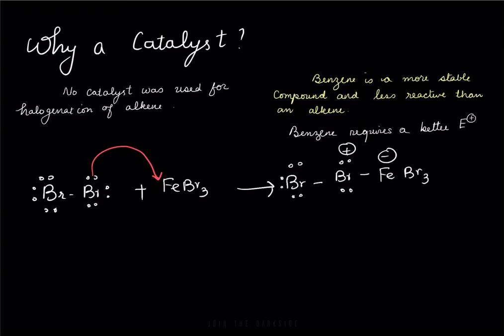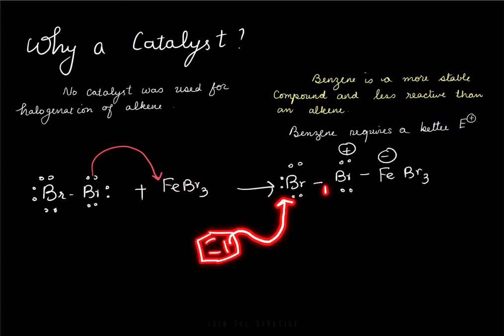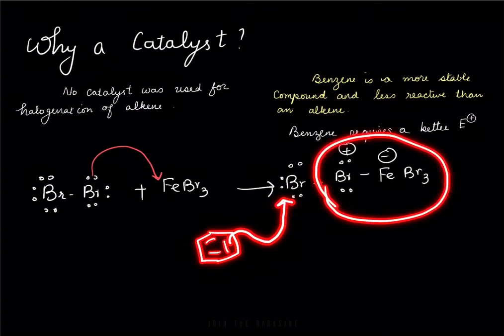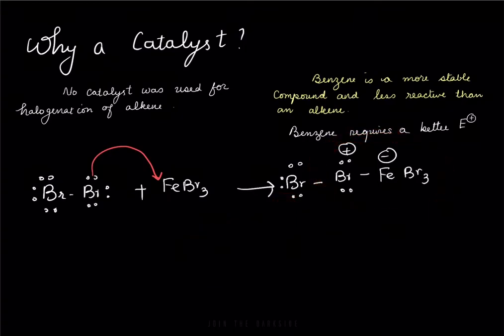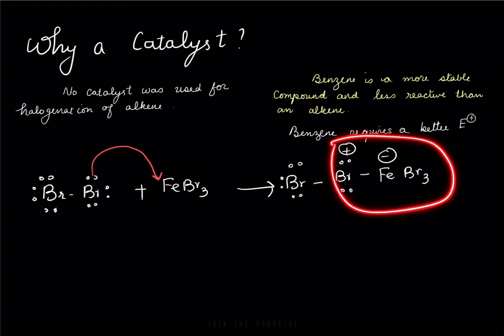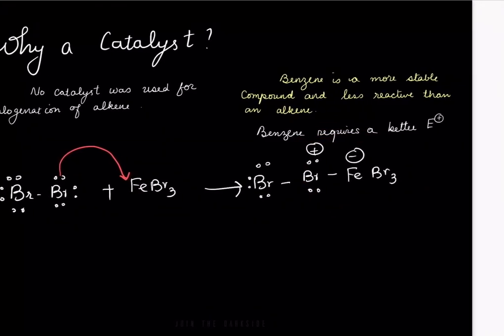Now, because bromine has used its lone pair of electrons to form a bond with Fe, it's going to be positively charged, and therefore this bromine right here is actually going to be a good electrophile. Okay, so now when there is a benzene molecule, its electrons can go and attack this bromine, thereby converting it into a good leaving group. This is the leaving group that is generated. Okay.